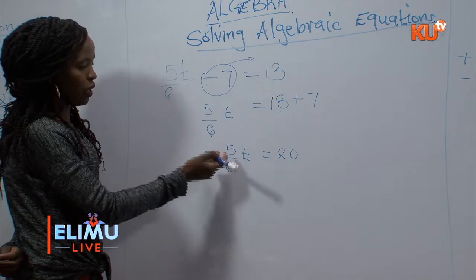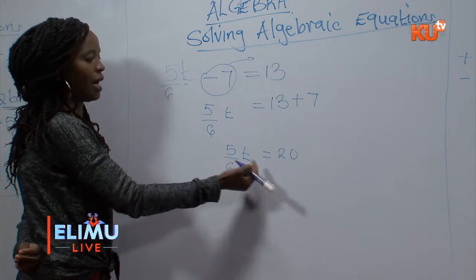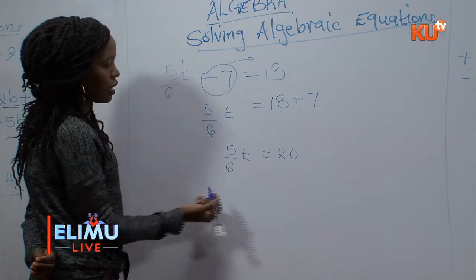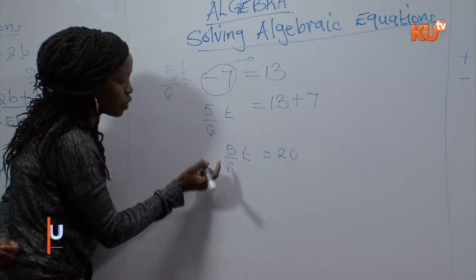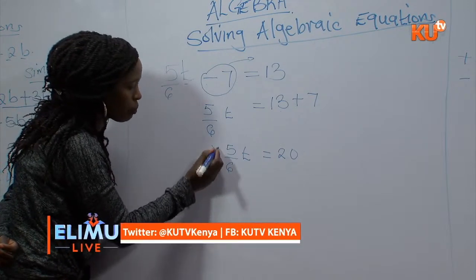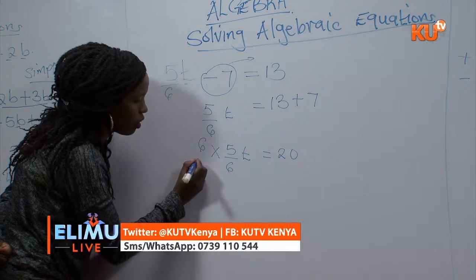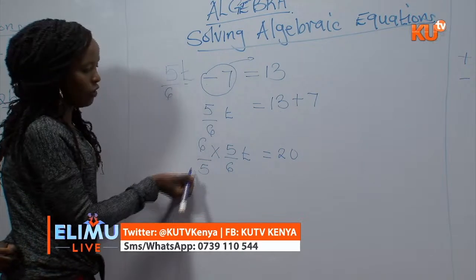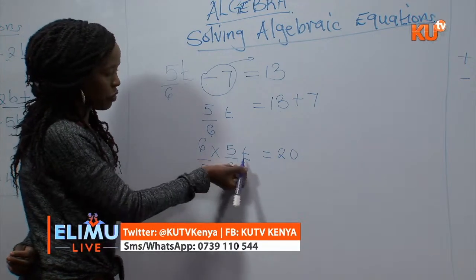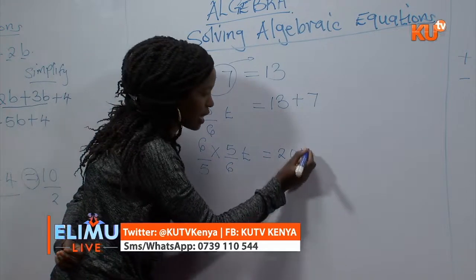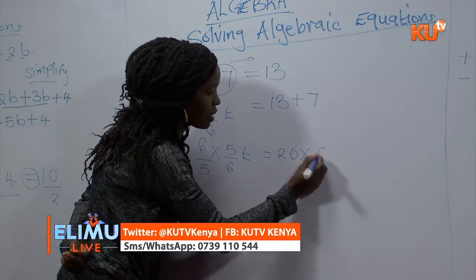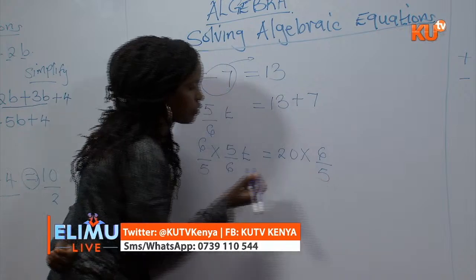So I want to remain with t on this side so that I can have the value of t on the other side. So on this side, I'm going to remove this fraction by multiplying by the reciprocal. Whatever you do on this side, you do on the other side. So this side you multiply by 6 over 5.